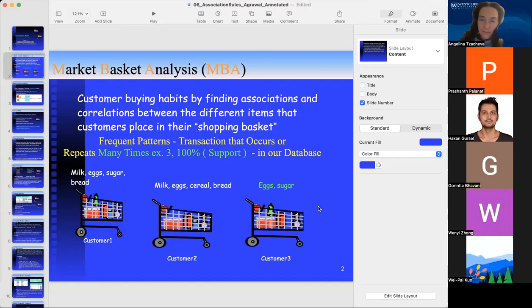It says, by the way, you purchased pizza. We also think you might be interested in Coca-Cola because a lot of people buy pizza and Coca-Cola together. So that's a frequent pattern. So if you're buying the pizza, we're going to suggest you also buy the Coca-Cola because most people would do that. So we think that that's something you'd be interested in.